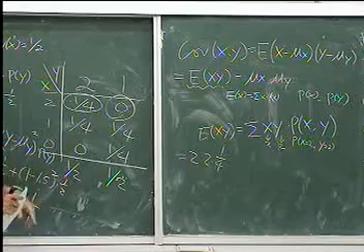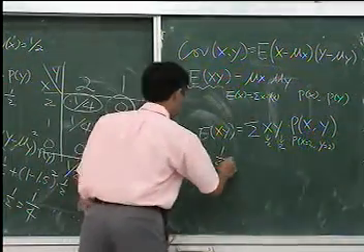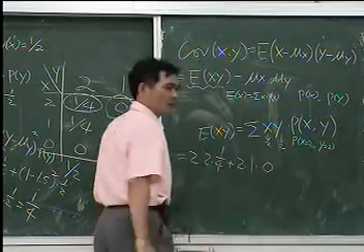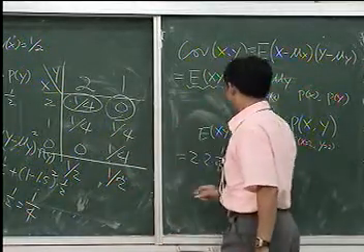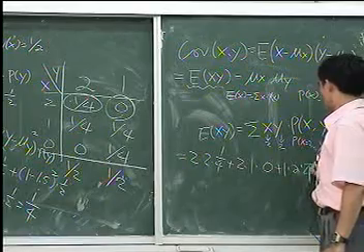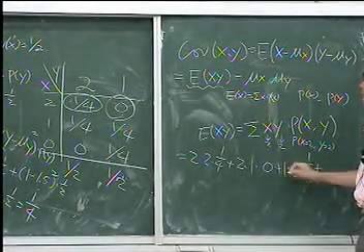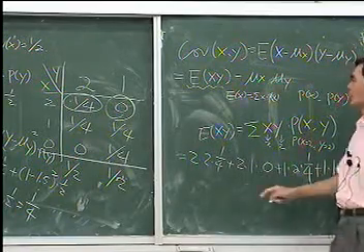The second one will be 2 and 1, so 2 times 1 times 0. The third one, 1 times 2 times 1/4. And the next one is 1 times 1 times 1/4.